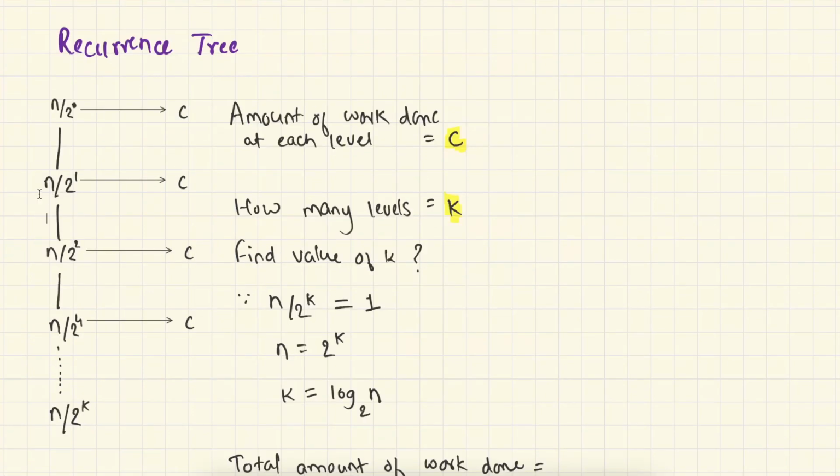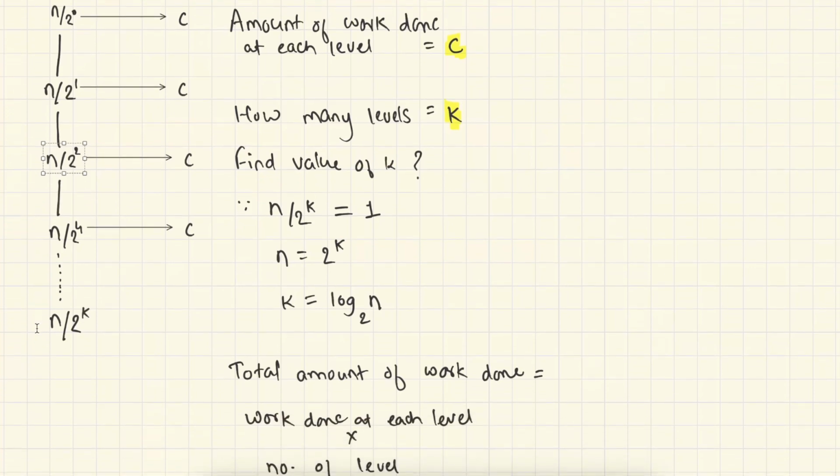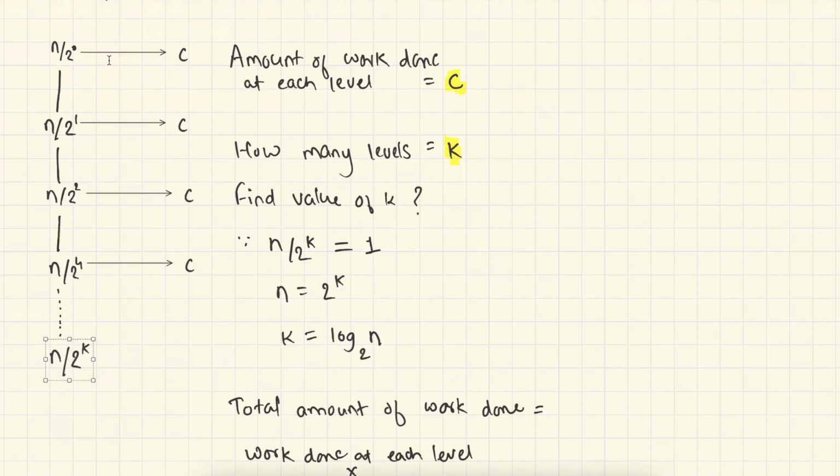And again this function makes a recursive call to itself and it becomes n divided by 2 to the power 2. And this continues up until n divided by 2 to the power k, right? Because at some point this 0, 1, 2, and so on becomes k. So we are assuming that this recursion tree is going to have k levels.